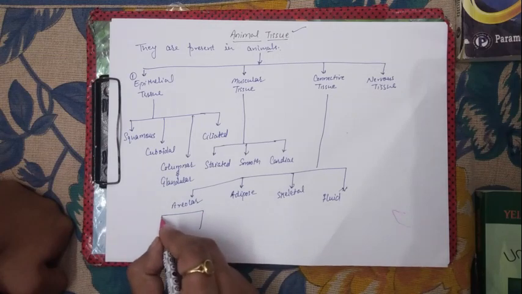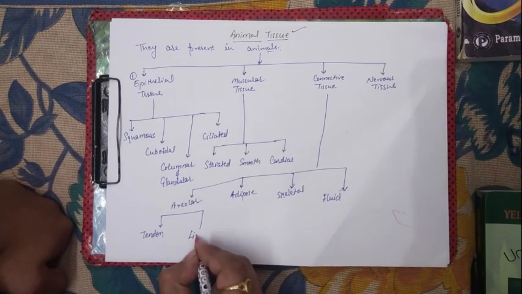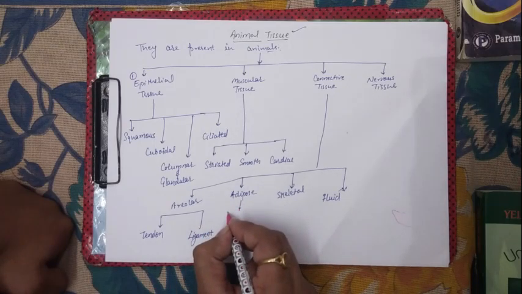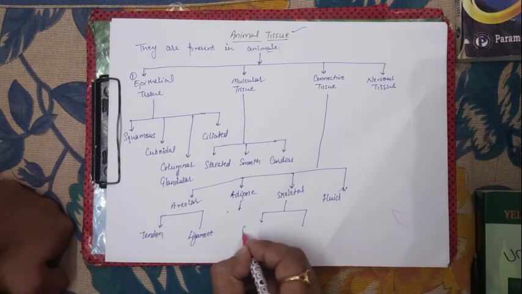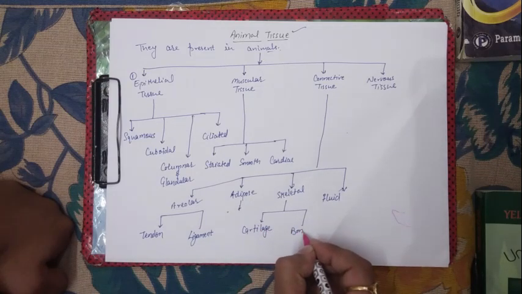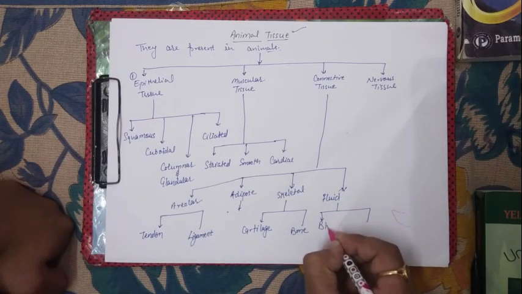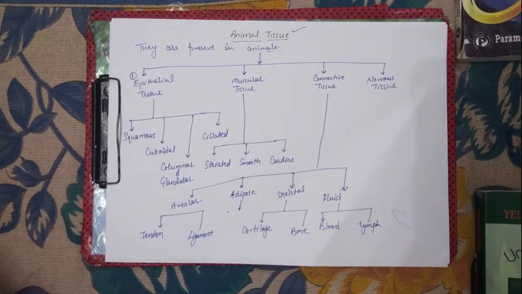Areolar connective tissues are of two types further: tendon and ligament. Adipose is not further divided. Skeletal tissue includes cartilage and bones. Fluid connective tissue includes blood and lymph. Now we will discuss our first topic, epithelial tissue, in detail.